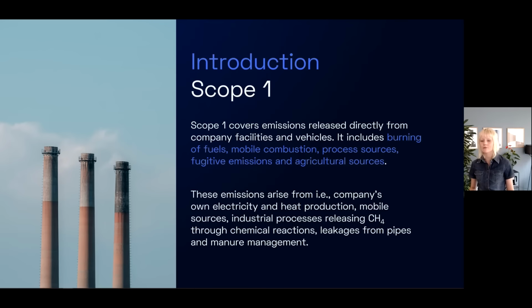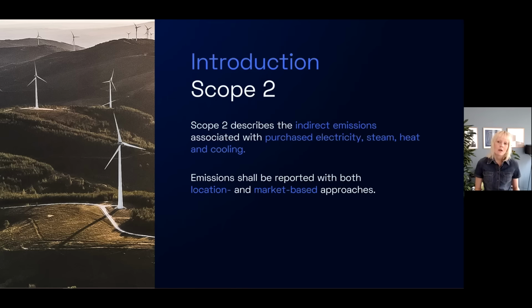And these emissions arise from, for example, companies' own electricity and heat production, mobile sources, then industrial processes which release, for example, methane in chemical reactions, and then leakages from pipes, and then manure management, which releases methane and nitrous oxides.